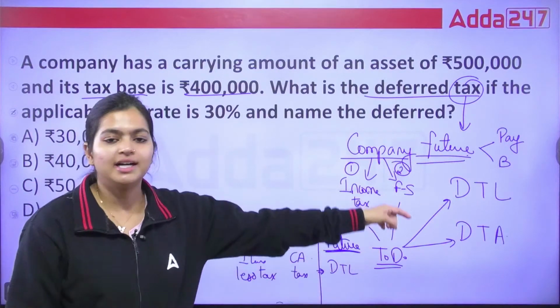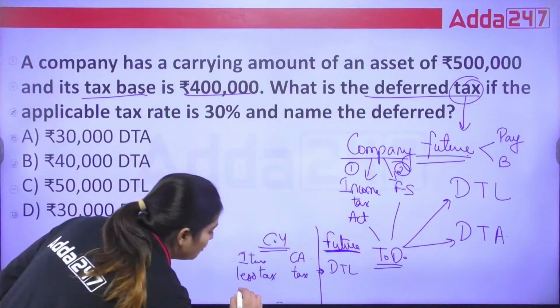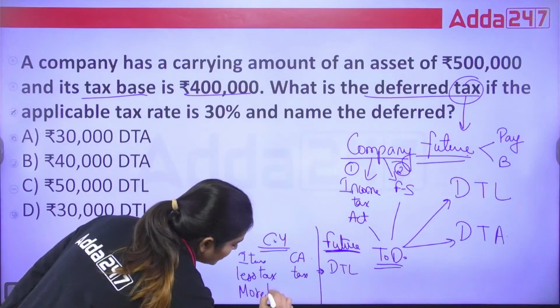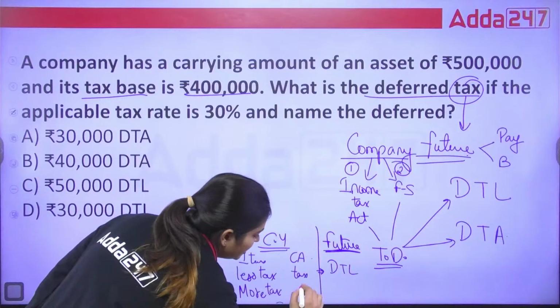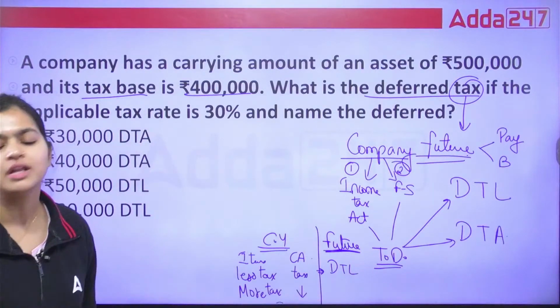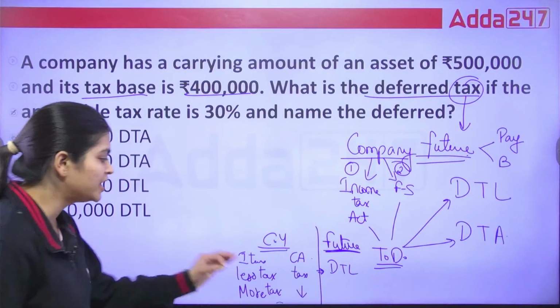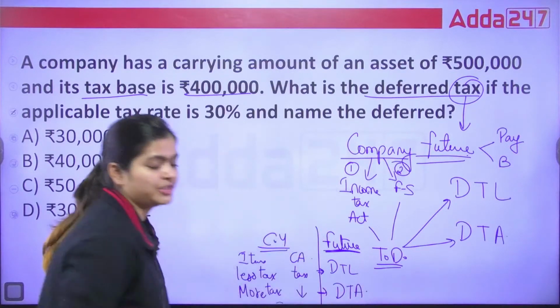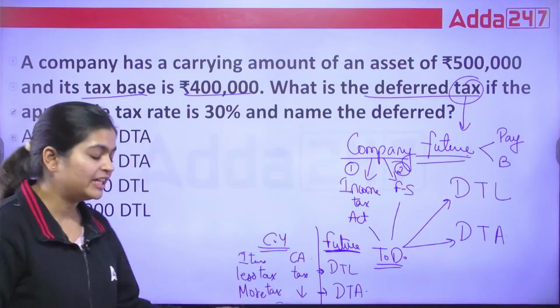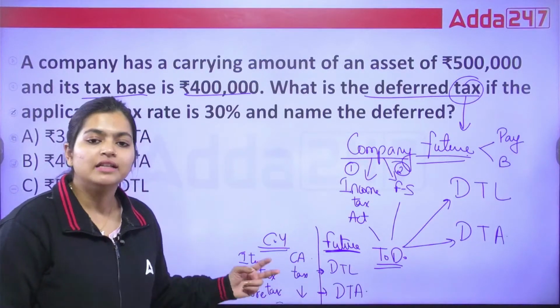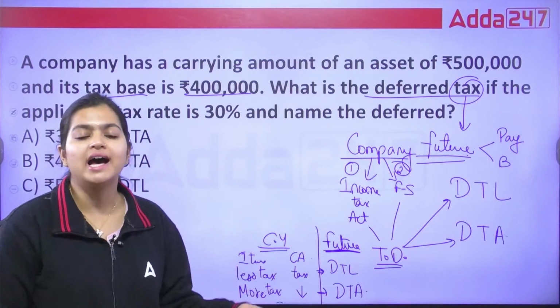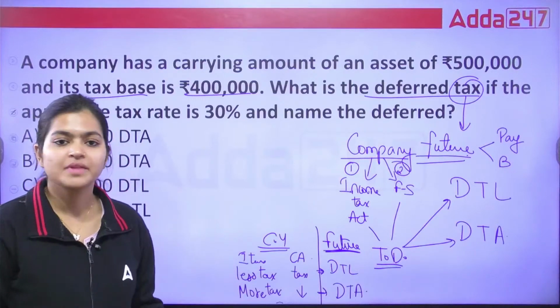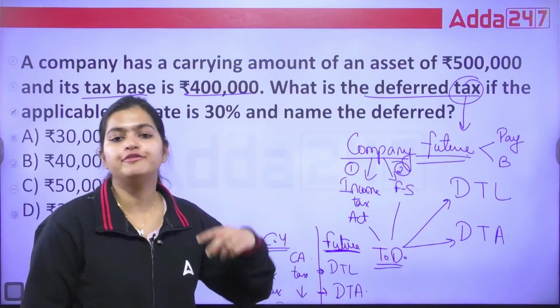On the other hand, if you are paying more tax compared to the company's account calculation, then this is your deferred tax asset, because whatever amount you calculated, in that you are paying more tax at today's time. So you are going to get the benefit in future.